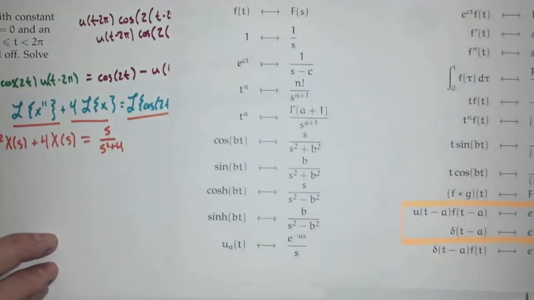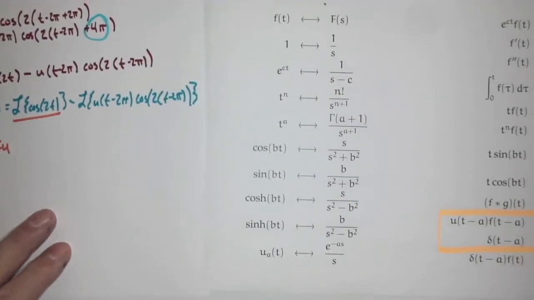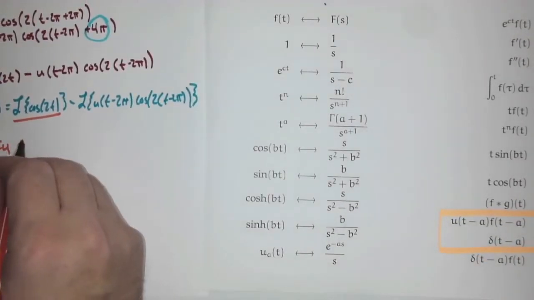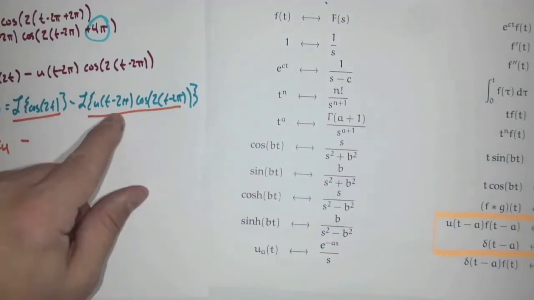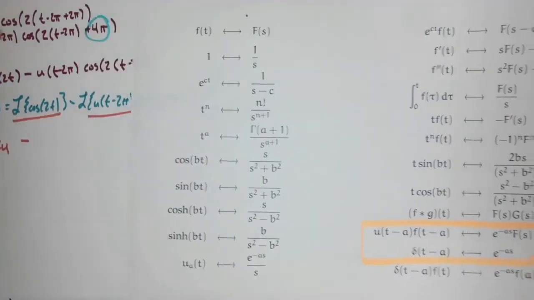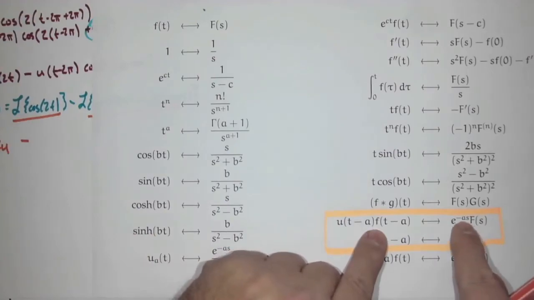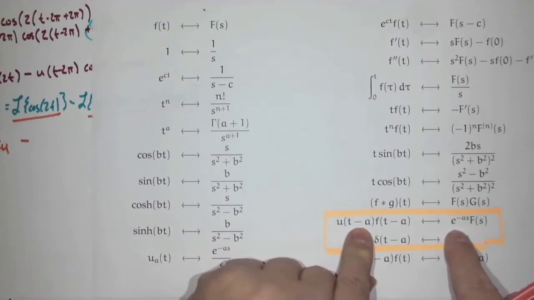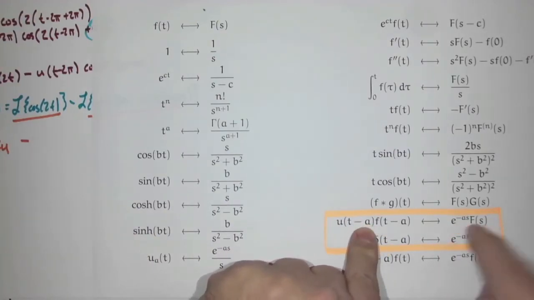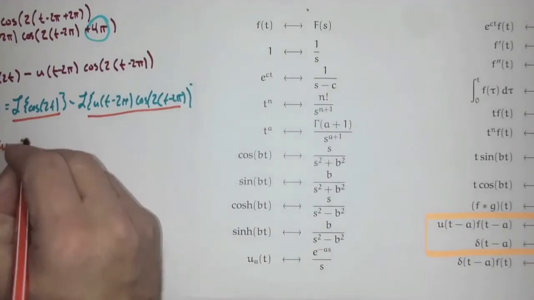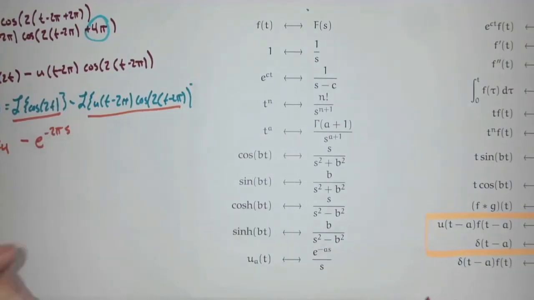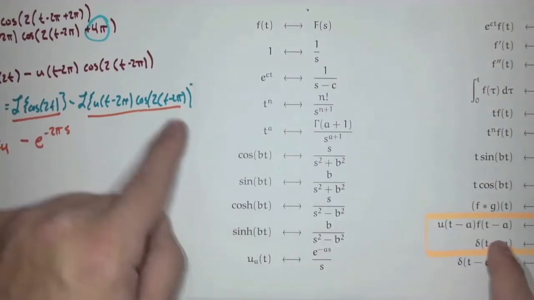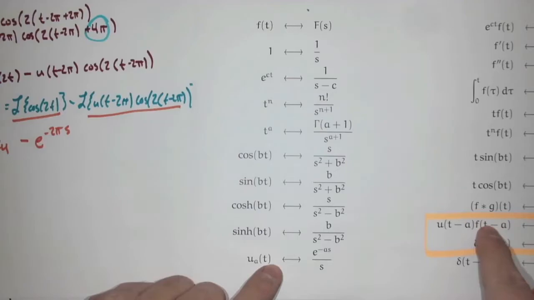Okay. And now the last part, minus this u of t minus 2 pi. e to the minus 2 pi s, right? So if we see u of t minus a, e to the minus 2 pi s, and then the cosine 2 of t minus 2 pi really says we have to say what is f.